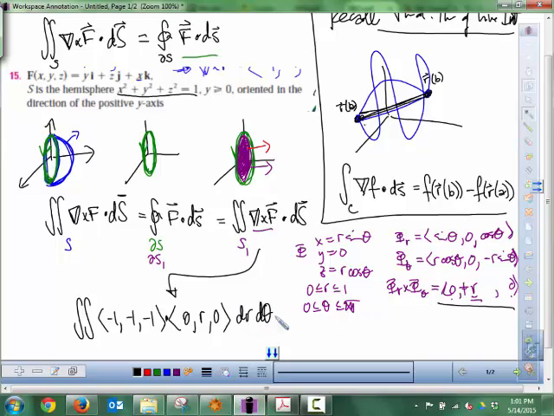Do we need an r dr d theta here? No. I did it wrong. If you use this parametrization already, the extra r from the r dr d theta comes out of the cross product already.